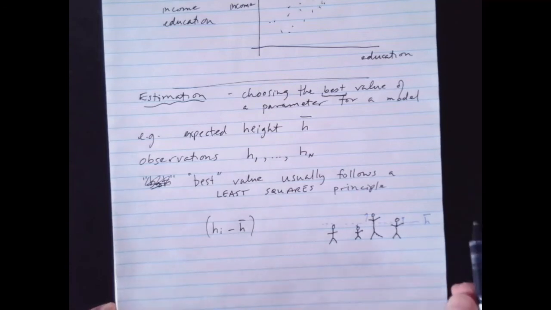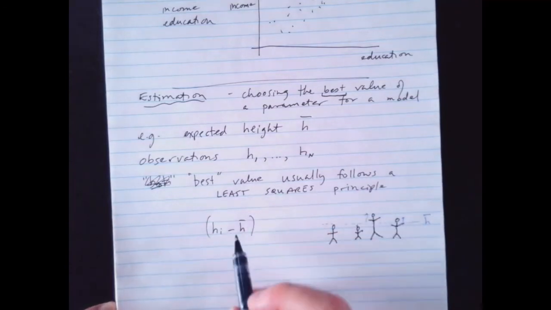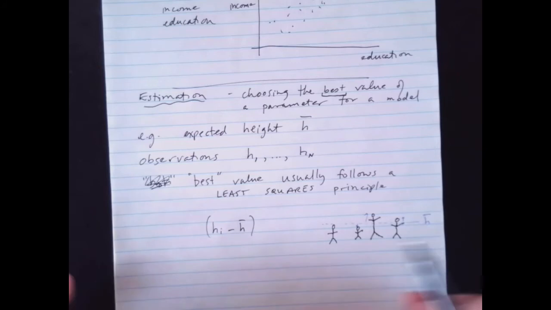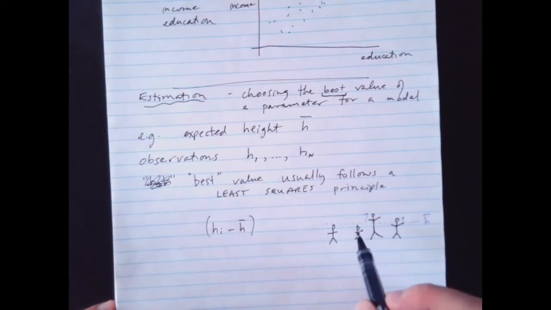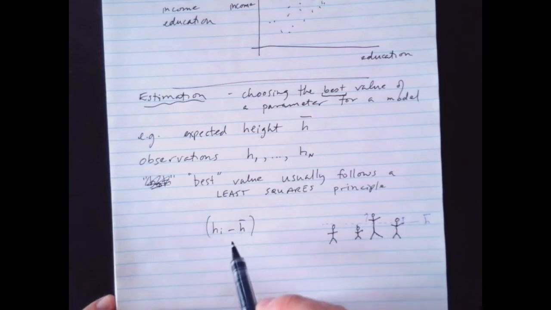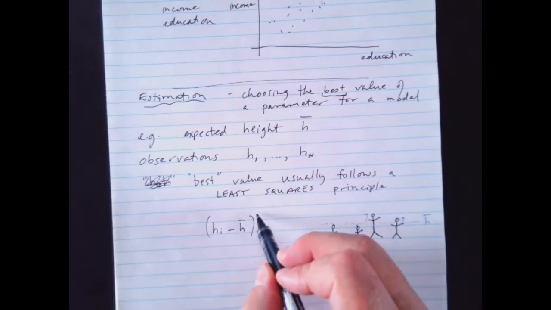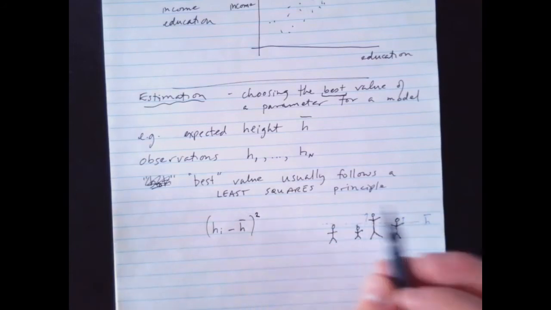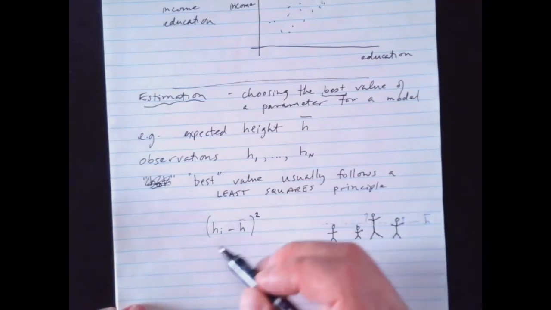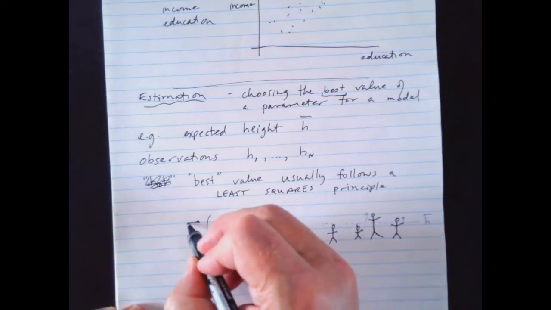So one thing we could think of doing is just adding up all these deviations and trying to pick the value of h bar that minimizes the sum of them. But we're not going to do it that way. We're going to take the square of the deviations. So we're going to square those deviations, and then we're going to add them up.